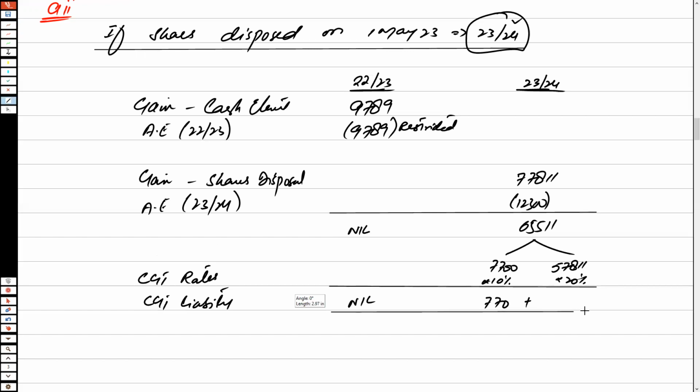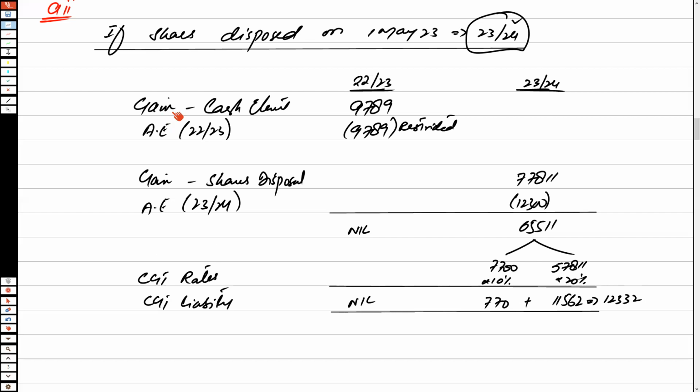Which amount is calculated by multiplying 57811 into 20%? 1156. No, it's not. Okay, 11562. So the total liability for this year is calculated as 11562 and 770. Now it's basically 12332.